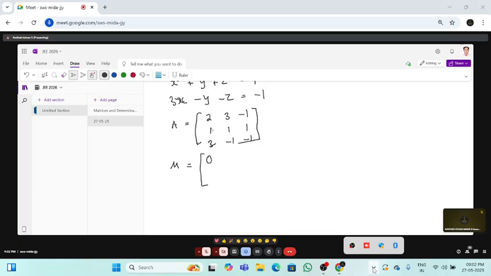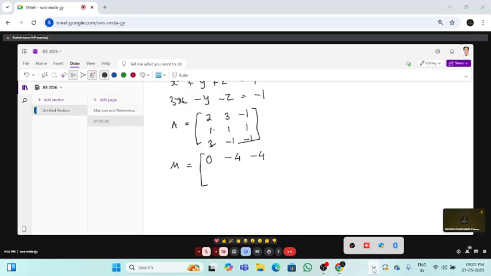Then for the second element, you cut the first row and the second column. So what remains is 1 into minus 1, which is minus 1, minus 3 into 1, minus 1 minus 3, minus 4. And this one, 1 into minus 1, minus 1, again minus 1 minus 3. It's minus 4.